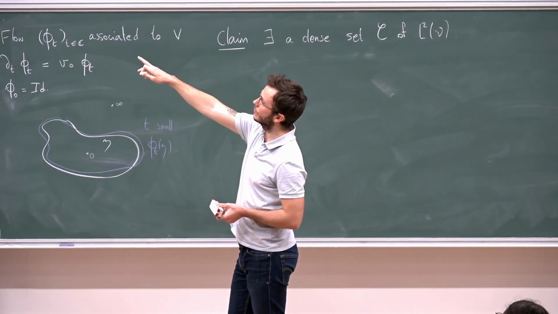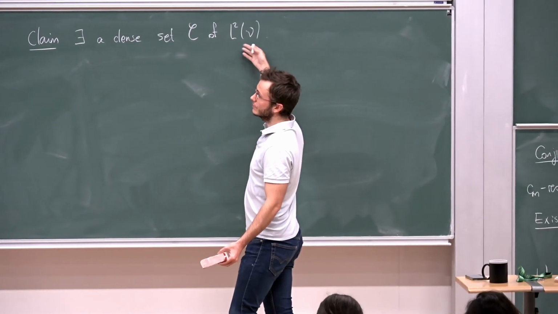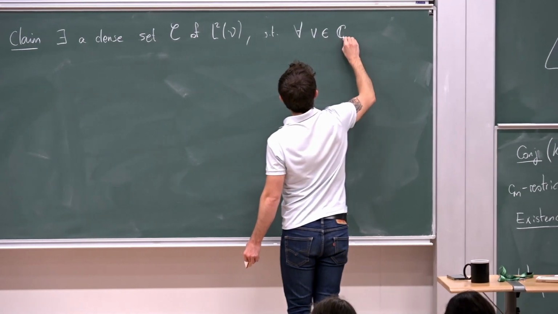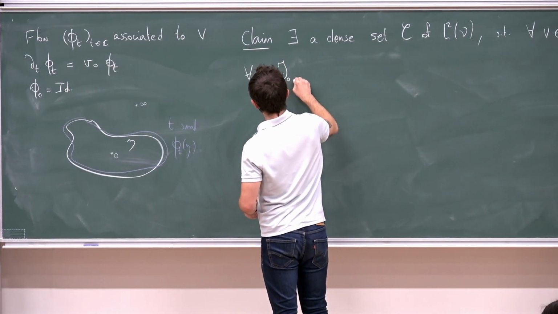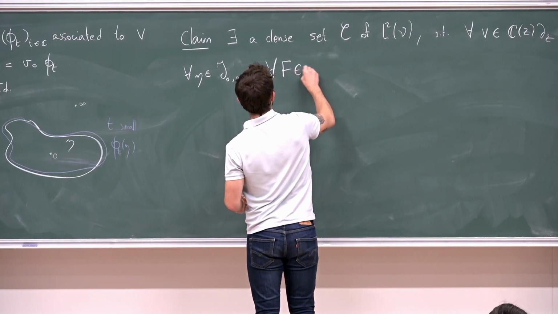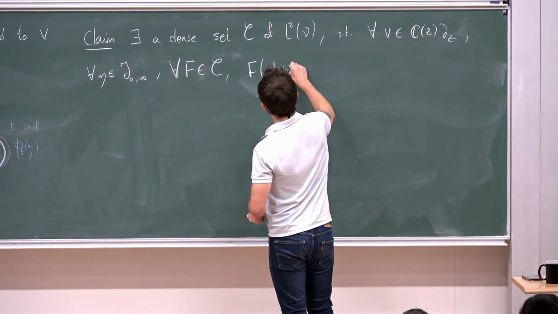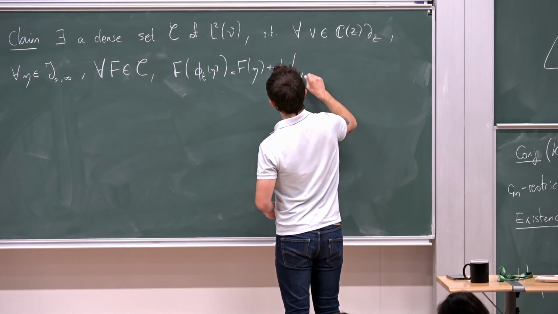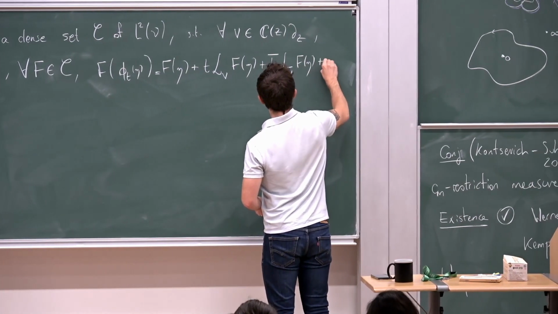Before I had f prime, where f was a function in L2 of my measure on R. Now I have a function in L2 of my space, which is a bit bigger, such that for all V in my Virasoro algebra, and for all eta in J0 infinity, and for all f in my dense set, f of phi t of eta, where phi t is the flow associated to V, when t is small, is simply f of eta plus corrections: t L_V f of eta plus t bar L_V bar f of eta plus little o of t.